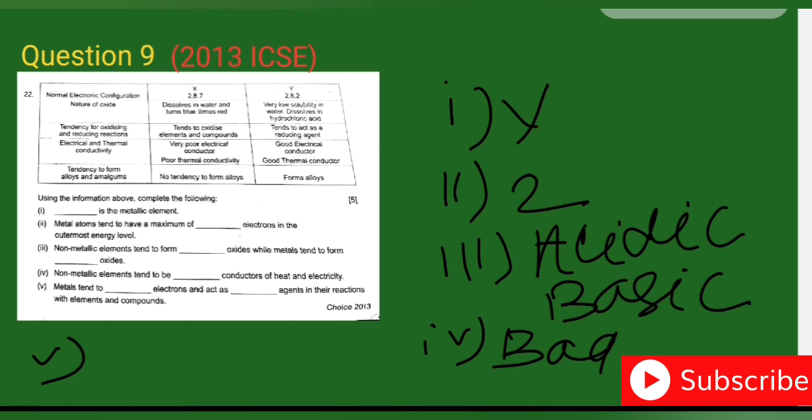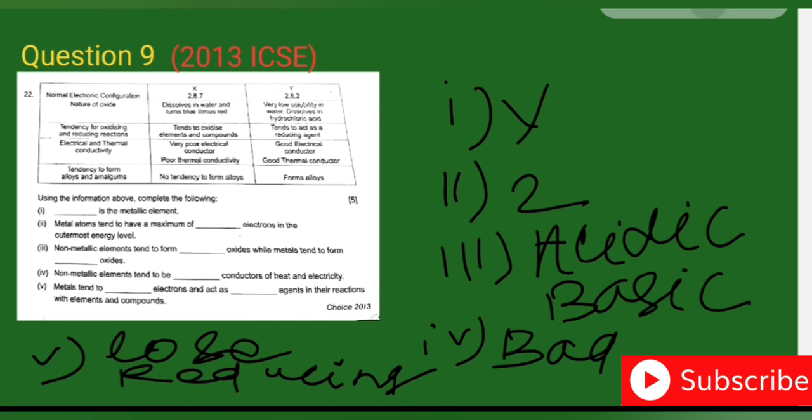Then five: metals tend to dash electrons and act as dash agents. Because 2 electrons are there, it can easily give those 2 electrons. So metals tend to lose electrons and they act as a reducing agent.